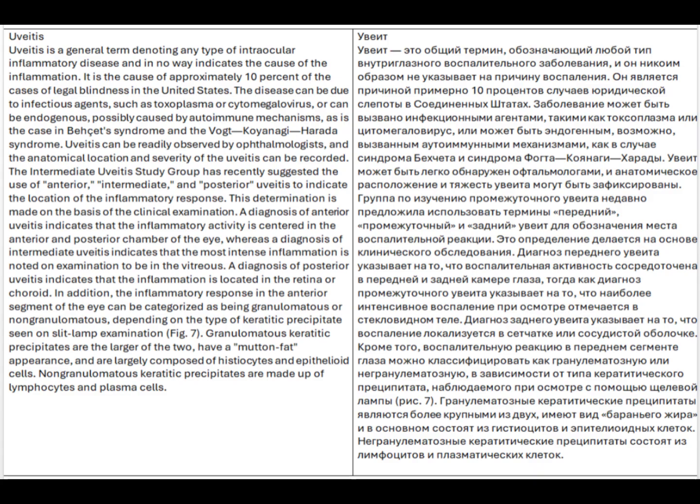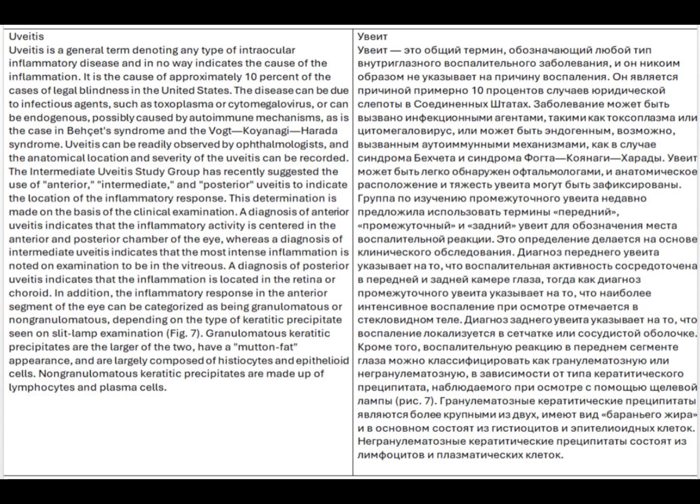Uveitis can be readily observed by ophthalmologists, and the anatomical location and severity of the uveitis can be recorded. The Intermediate Uveitis Study Group has recently suggested the use of anterior, intermediate, and posterior uveitis to indicate the location of the inflammatory response. This determination is made on the basis of the clinical examination.